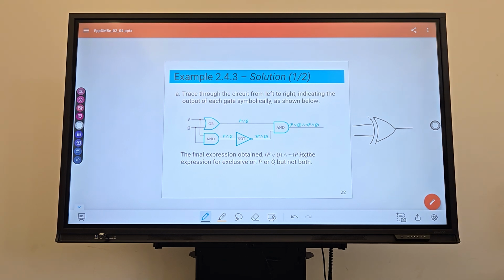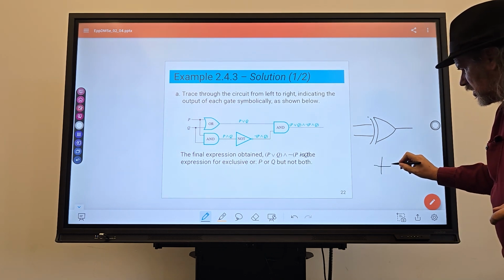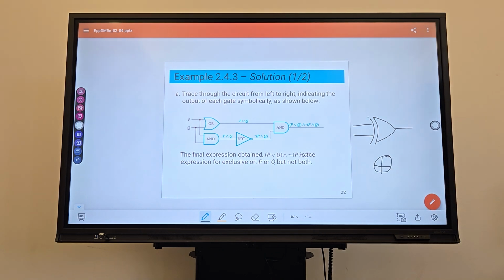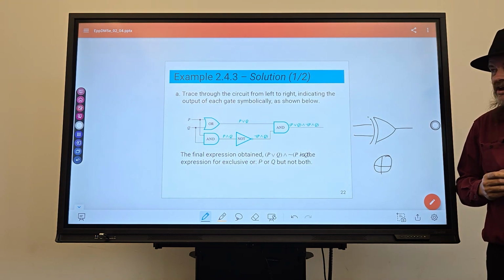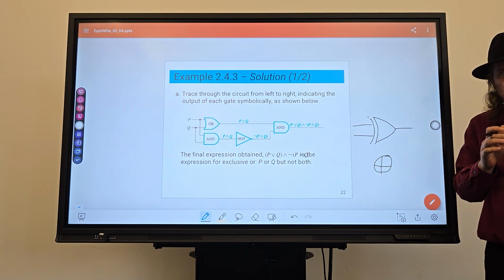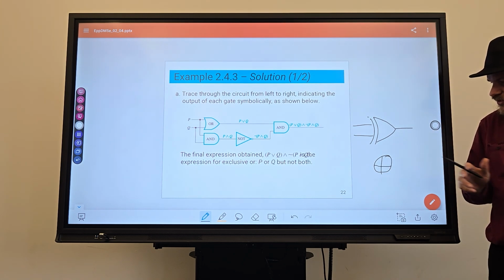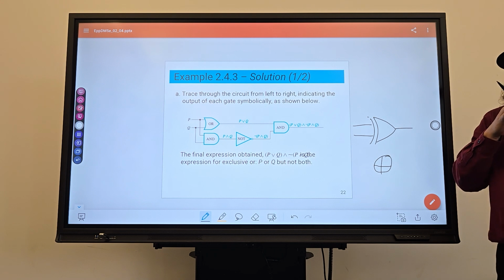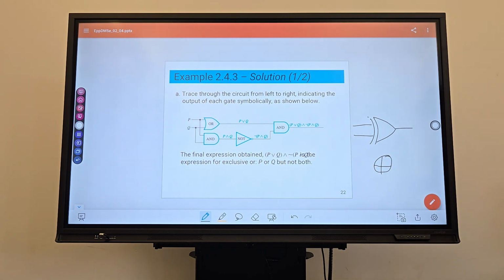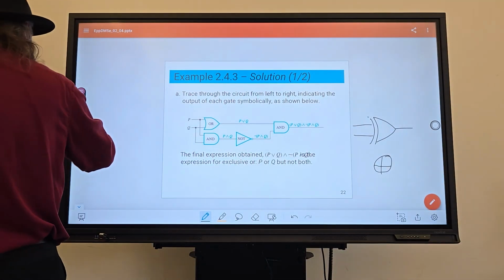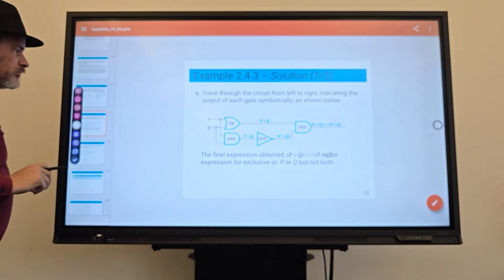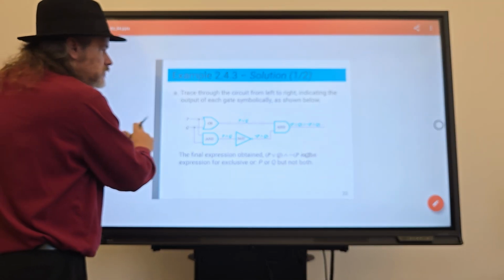In Boolean expressions, the symbol for exclusive OR is a plus with a circle around it. So if you see an expression with the plus with a circle around it, that means it's the exclusive OR. It's similar to the OR, the plus, but has the circle around it. You'll see that in data sheets periodically. All right.